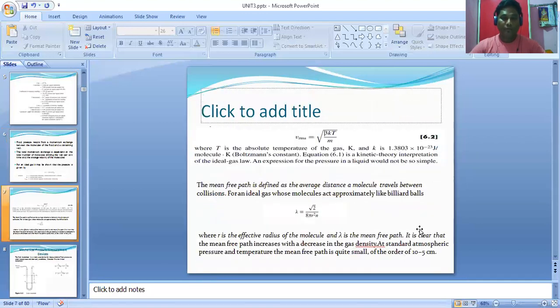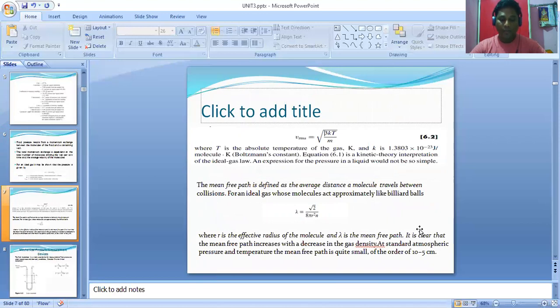And in the pressure, we also show the formula of V RMS, that is, the root mean square molecular velocity, is equal to root of 3 kT divided by m.